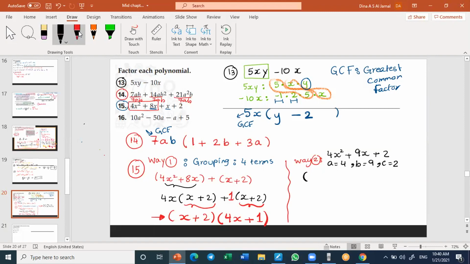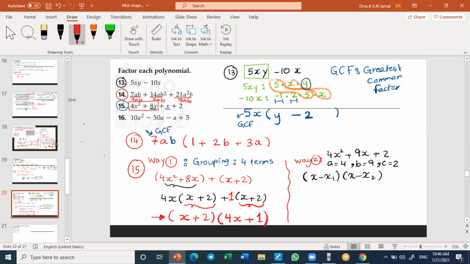Always put it as x minus x1 and x minus x2. And you need to pay attention that, first of all, you need to check if we are having a GCF or not. So here we don't have a GCF. So no need to take any GCF before we factor. So let's pay attention.